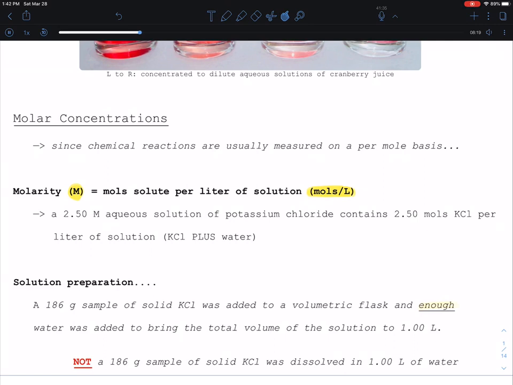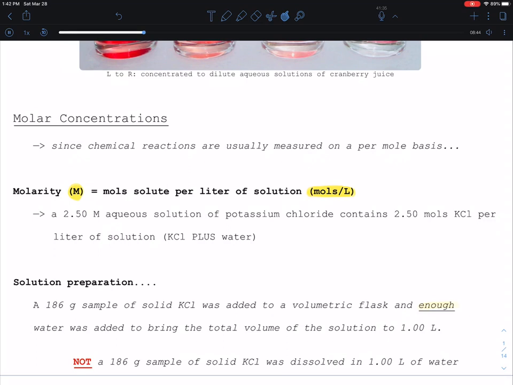So if I had, for example, a 2.50 molar aqueous solution of potassium chloride, that would contain 2.50 moles of potassium chloride in a liter of solution. And that solution is the potassium chloride plus the water, right?